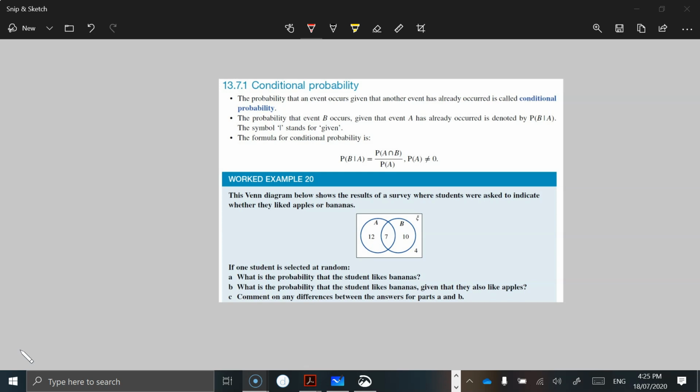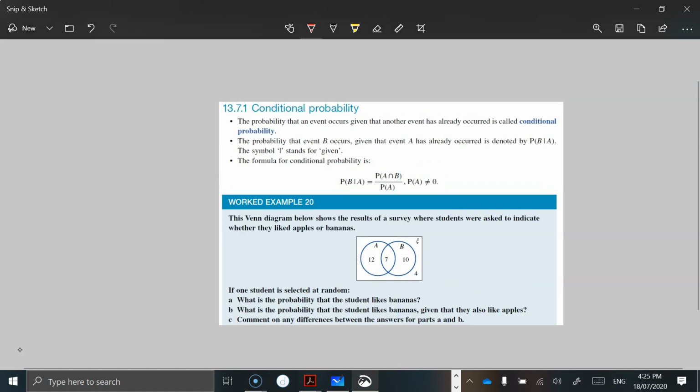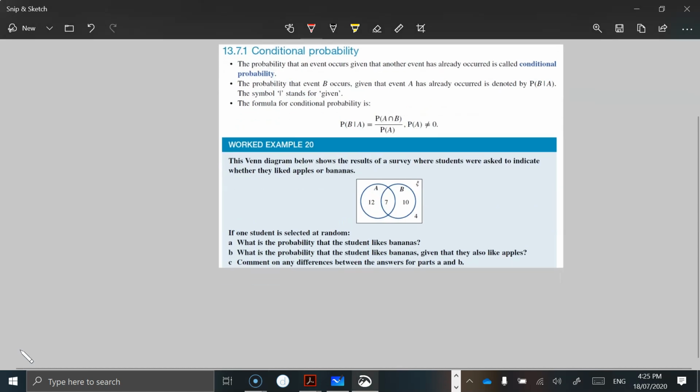And this vertical symbol is the word "given." And so an event A happening given B is going to be your condition, okay?